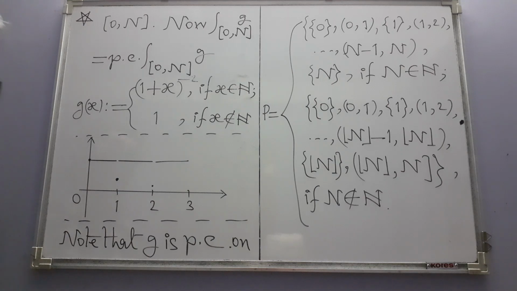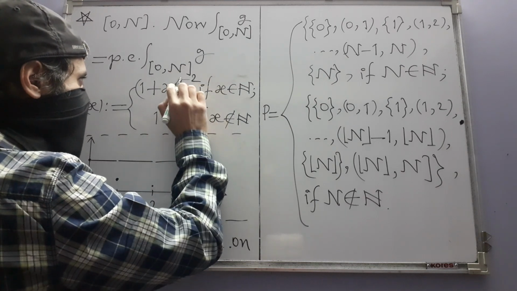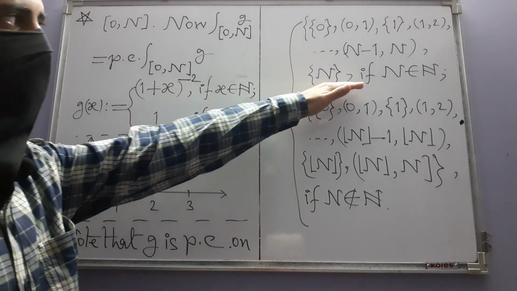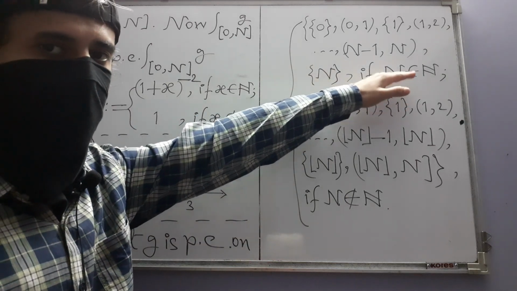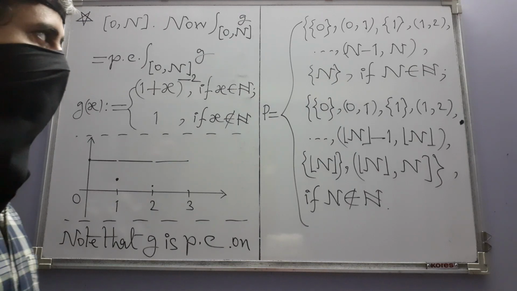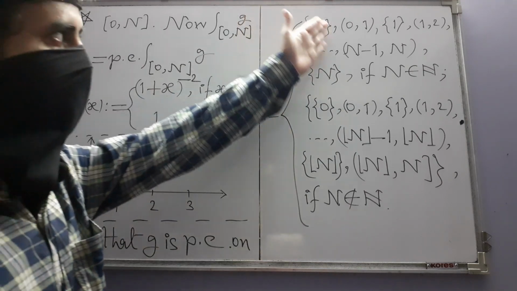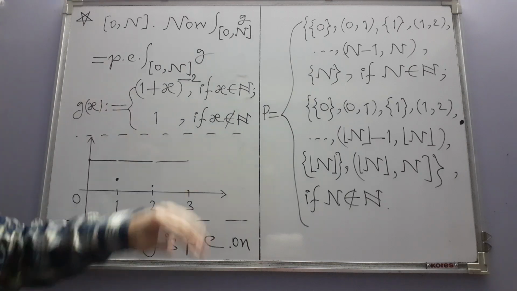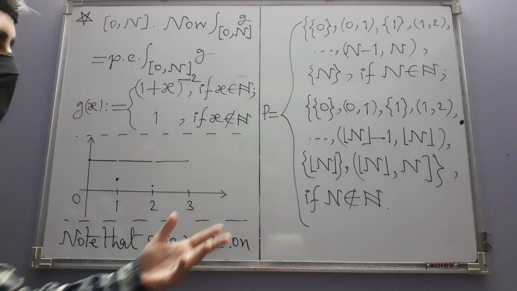Now before I erase the definition of g, let us see what will happen in the simpler case where n is a natural number. Again, we have divided the entire interval [0, n] into parts. What happens in each part?